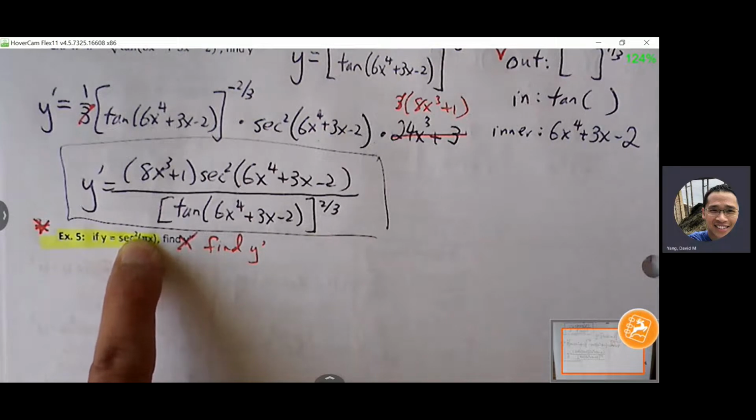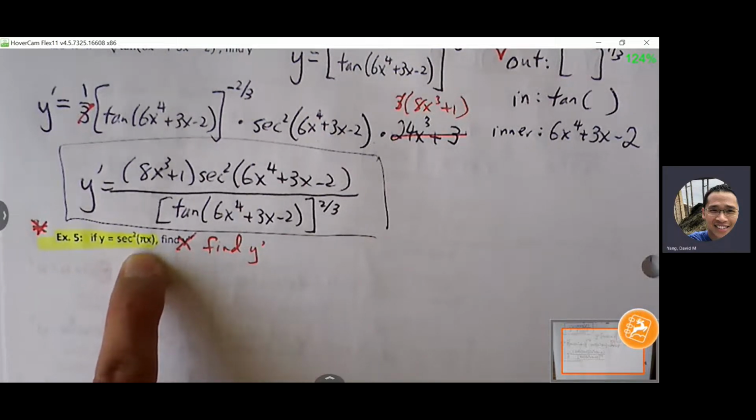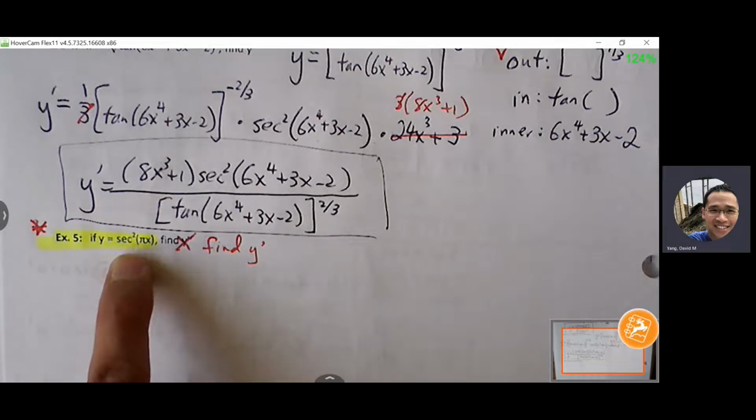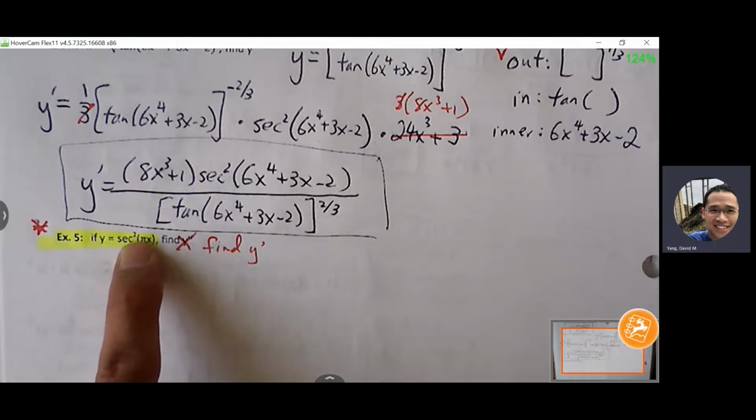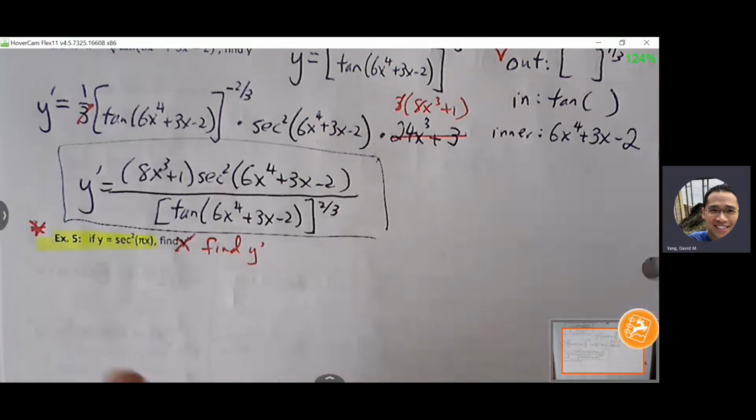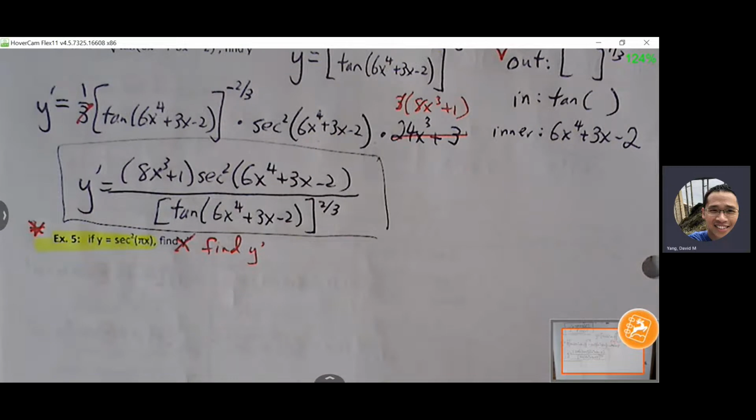That squared is written in a shorthand form. This is typically how they write an expression if they want to raise a trig function to a power. They put it there, because if they put it outside, they would have to put another set of brackets or parentheses. This is a shorthand way of doing it.